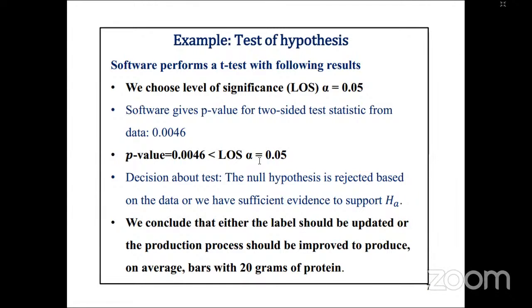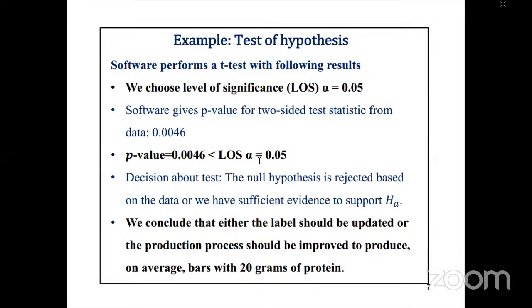But now let us look at what is level of significance, p-value, what is null hypothesis, what is alternative hypothesis. All these things must be very clear to us, and how to set up the hypothesis, how to set up the level of significance, what exactly it means, what is p-value.